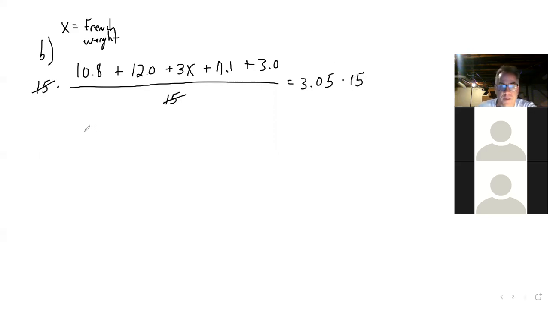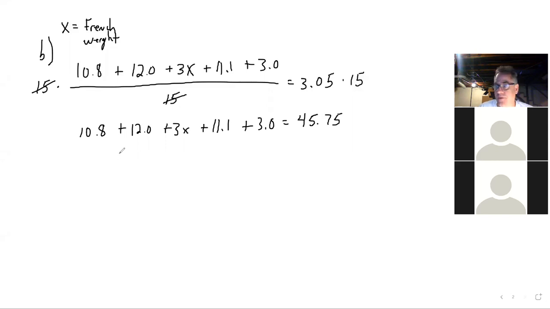So what I'll be left with, 10.8 plus 12 plus that 3x plus 11.1 plus 3. And then on this side, 15 times 3.05 is 45.75. Now, these 4 numbers here, I can just add together.